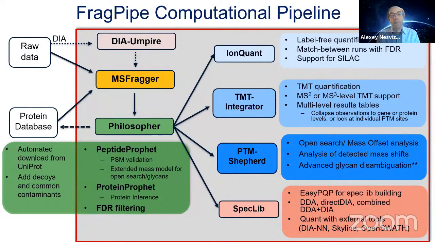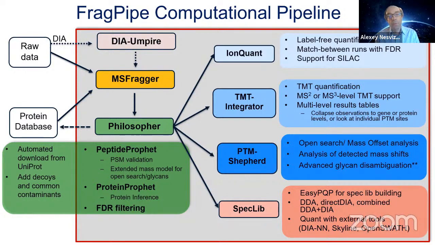We have LFQ with match between runs workflow using IonQuant that also now supports timsTOF data as well, so not only label free. We have TMT quantitative workflow, so iTRAQ, that we run on huge data sets as part of the CPTAC consortium, for example, works really well.